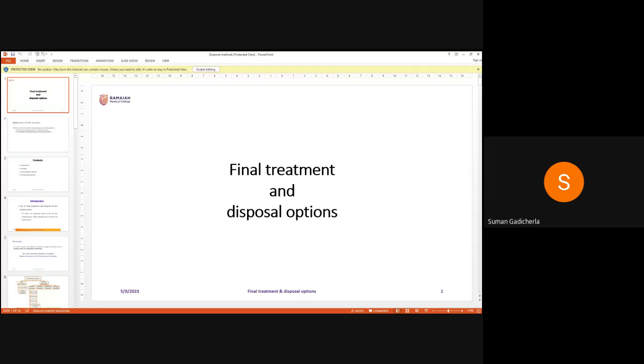Sir, are the slides now visible? Yeah, ma'am, now it is visible. I'll change the slide and see if it is changing. Final treatment and disposal option. Is it changing, sir? No, ma'am, the slide is not changing.